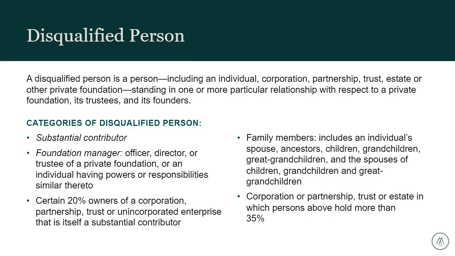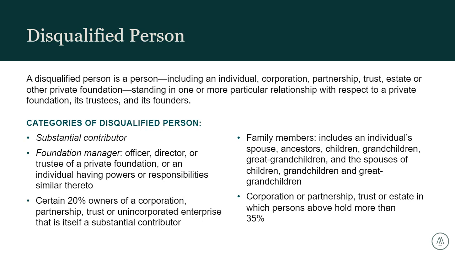Okay. So let's talk a little bit about who a disqualified person is. These are people who are in a position of influence over the foundation. So all substantial contributors are disqualified persons. The definition that the IRS has for this is people who give more than $5,000 to a private foundation if the amount is more than 2% of total contributions received by the foundation from the date of creation of the foundation through the close of the tax year in which that contribution was received from that person.